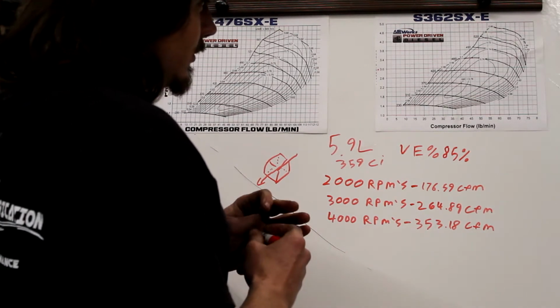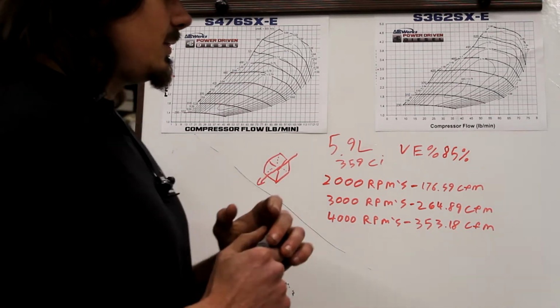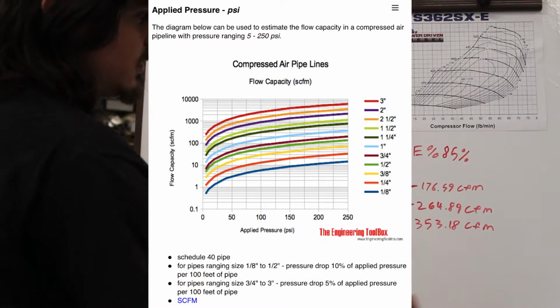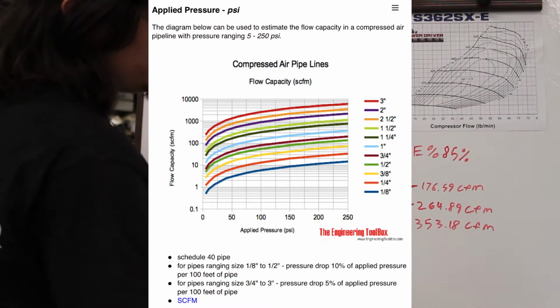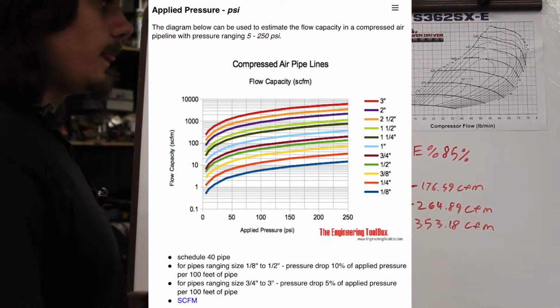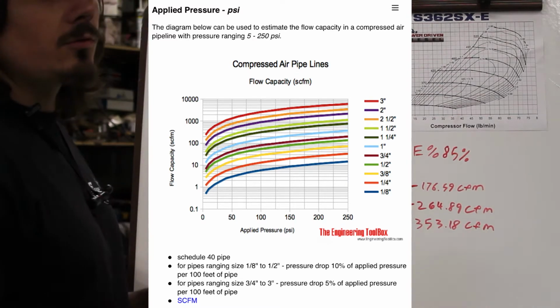So what happens, it's a law of physics, is you can go on PG&E's website and look at pipe sizes, and depending on the pipe size, it'll flow a certain CFM at a certain pressure. As the pressure in the pipe goes up, that same size pipe flows more.